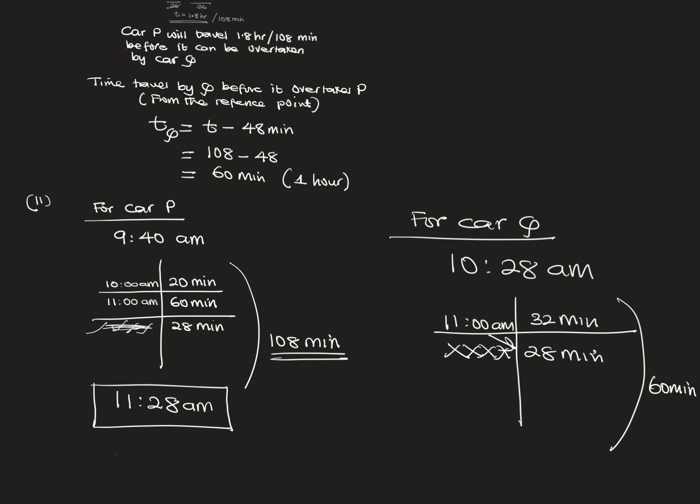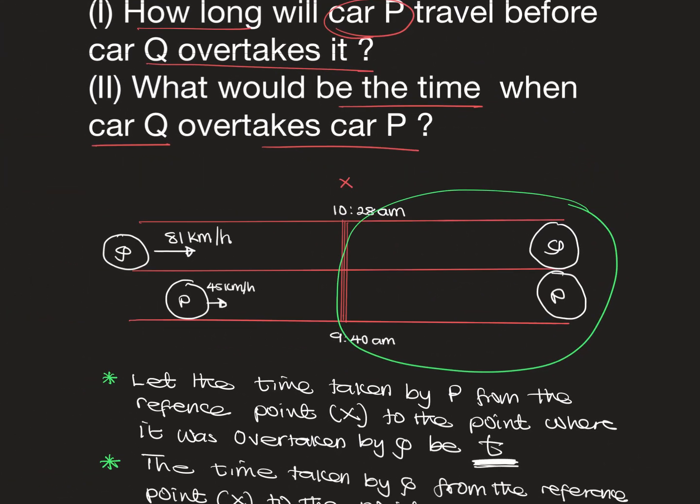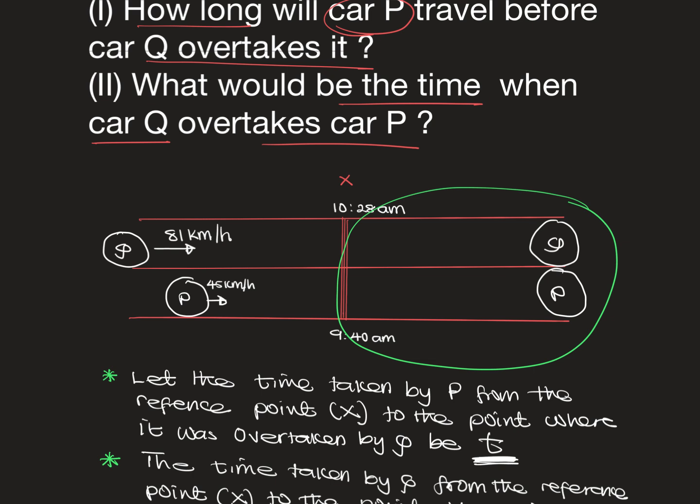So what was going to be the time? 11:28 a.m. All right, so it means the time here will be 11:28 a.m.